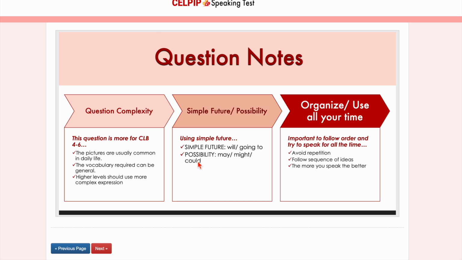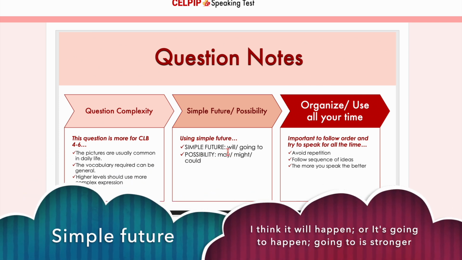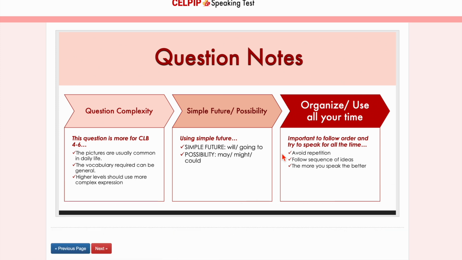And, well, simple future is will, I will do something, or going to, I'm going to do something. And you can use both of these for part 4 speaking, okay? Just going to is always stronger, and will is more about predictions, okay? But you can use both.